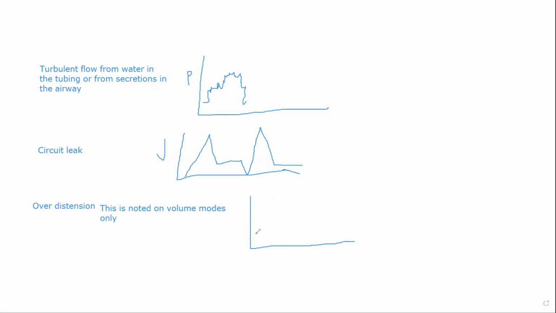Do you know what I'm going to draw before I draw it? Yeah, all right. So pressure's building throughout inspiration. And then all of a sudden, a lot of pressure builds trying to squeeze in the last little bit of air. And you get a duck's beak, I guess it's called.